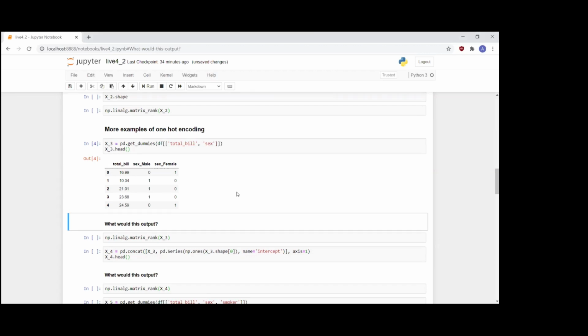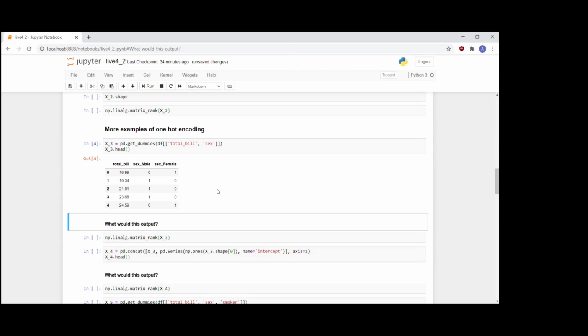Okay, I'm seeing a lot of 2s. Anyone want to explain why they think it's 2? Where's the linear dependence coming in here? The two sex columns are linearly dependent.